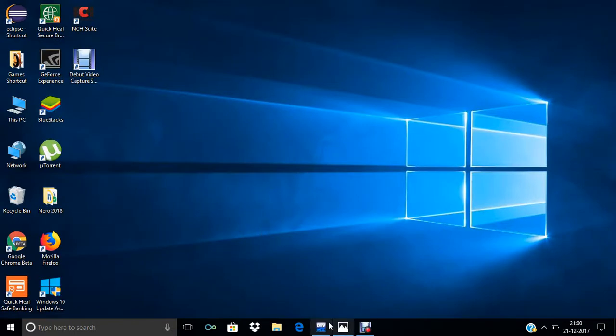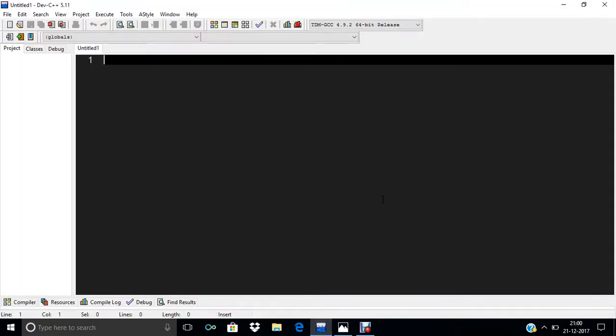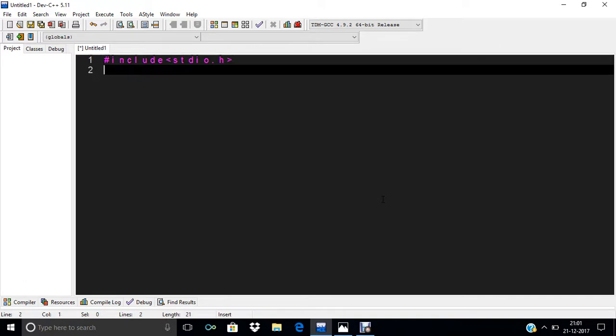I'll minimize this, and this IDE's name is Dev C++. I just like it. You can use Turbo C++ too. Hash include stdio.h. This is the header file, the library.